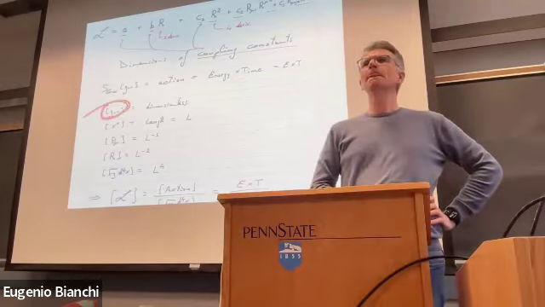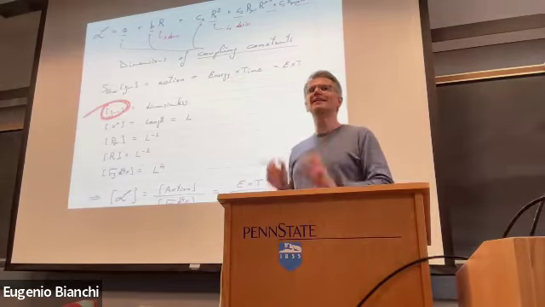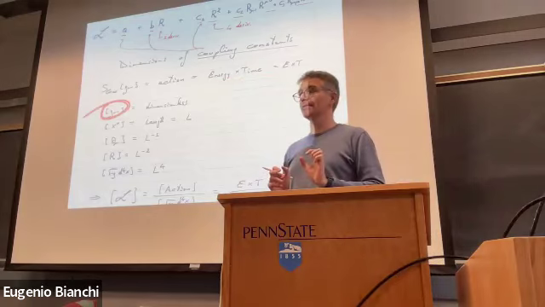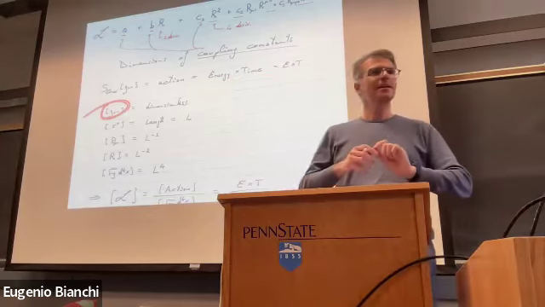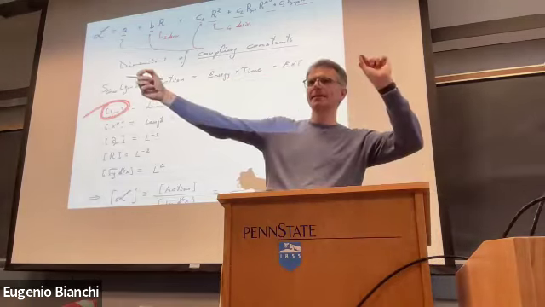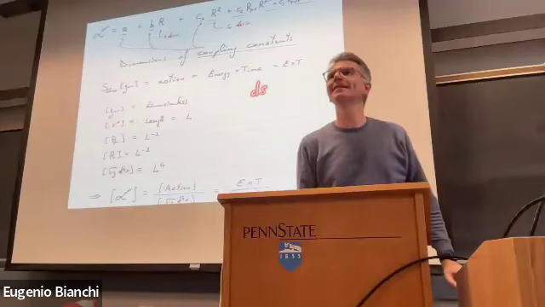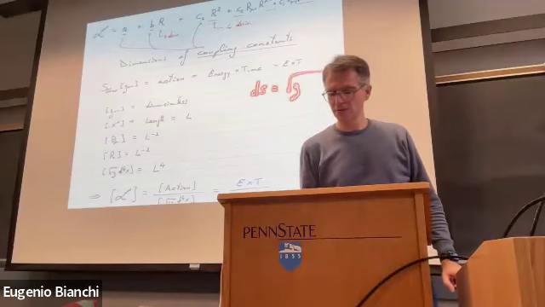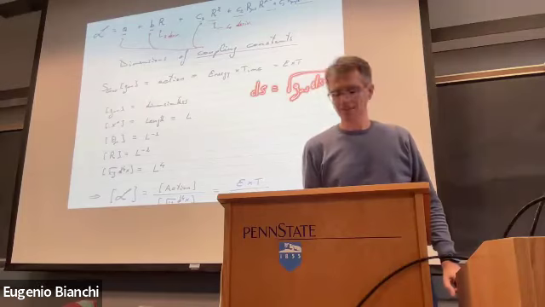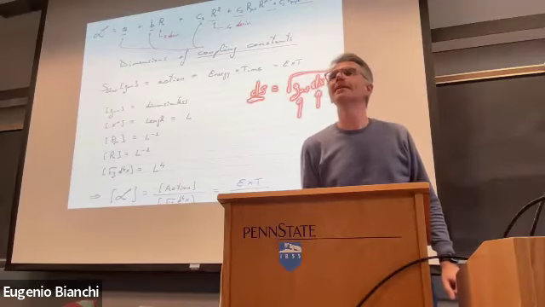G mu nu, here there's some freedom. Here you have to decide how you count dimensions. Because if you have a length, you compute it out of ds, and ds is the square root of g mu nu dx mu dx nu. You have to decide if this has dimensions of length, do you put the length here or here?